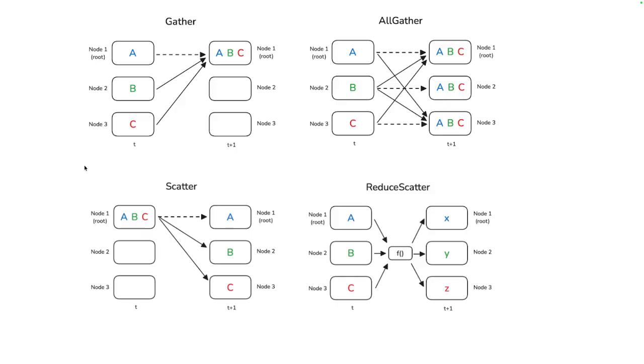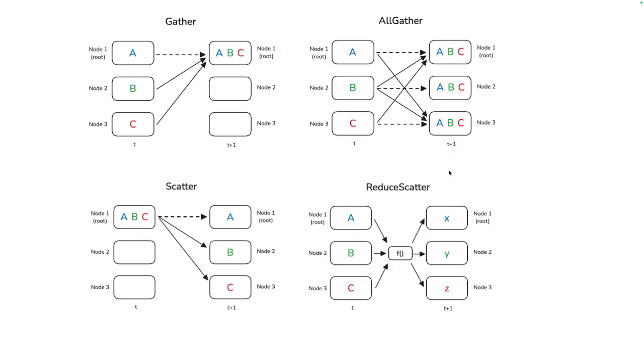The other collective operations are gather, where you have part of the data in all the GPUs and you gather it at only one GPU. And also you can have all gather, where you have part of the data in all GPUs and you gather and duplicate the same data across all the GPUs. This can be helpful if you are gathering all the weights of a transformer block.